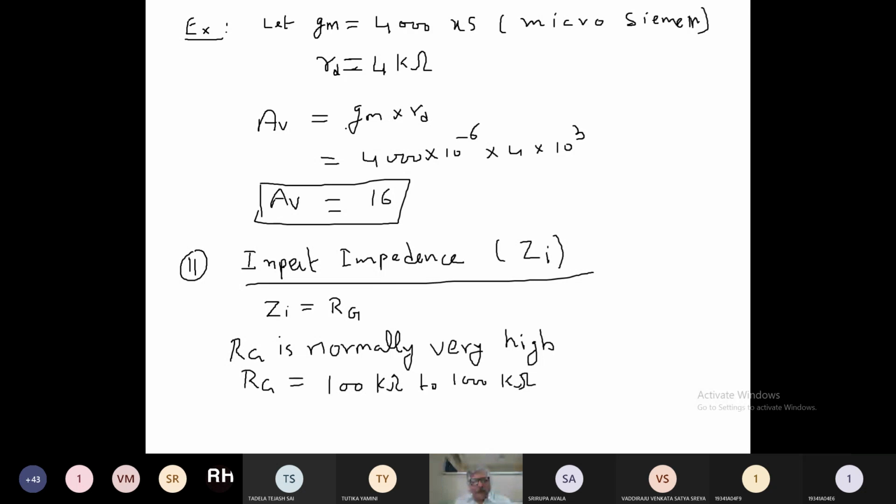Now, can anyone suggest why we say that the input impedance of this JFET is very high? Why is it very high?